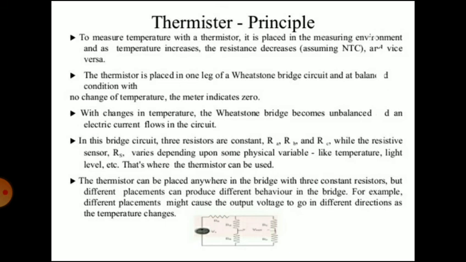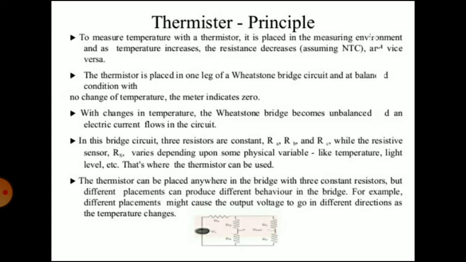Now regarding the working, the thermistor is placed in one leg of a Wheatstone bridge circuit, and at balance condition with no change of temperature, the meter indicates 0. With changes in temperature, the Wheatstone bridge becomes unbalanced and electric current flows in the circuit.